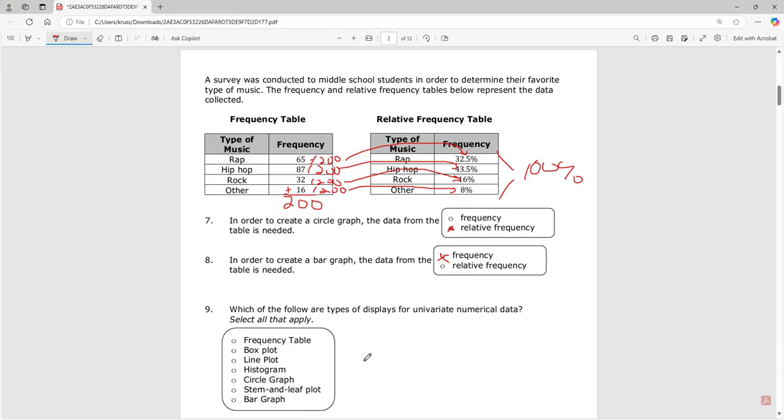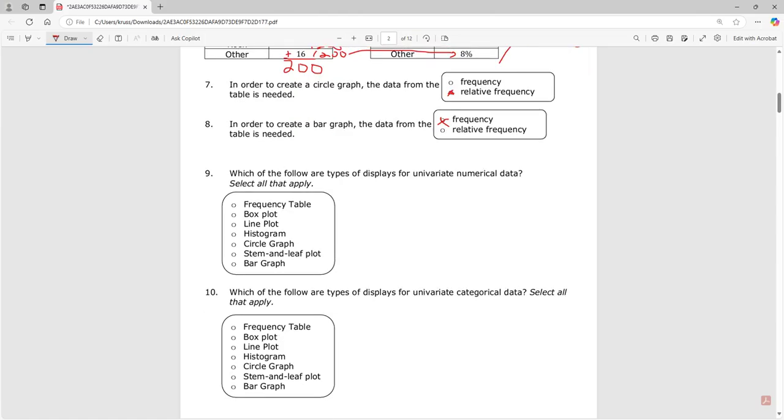Okay, so which of the types of displays for univariate numerical data, right? So remember, these are different displays. Okay, we have the univariate numerical. That's box plot, line plot, histogram, and a stem and leaf. Those are the big four.